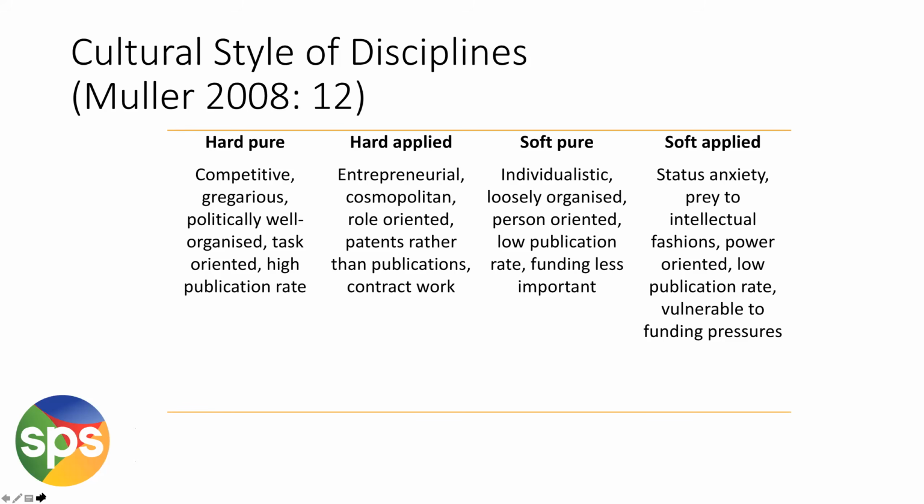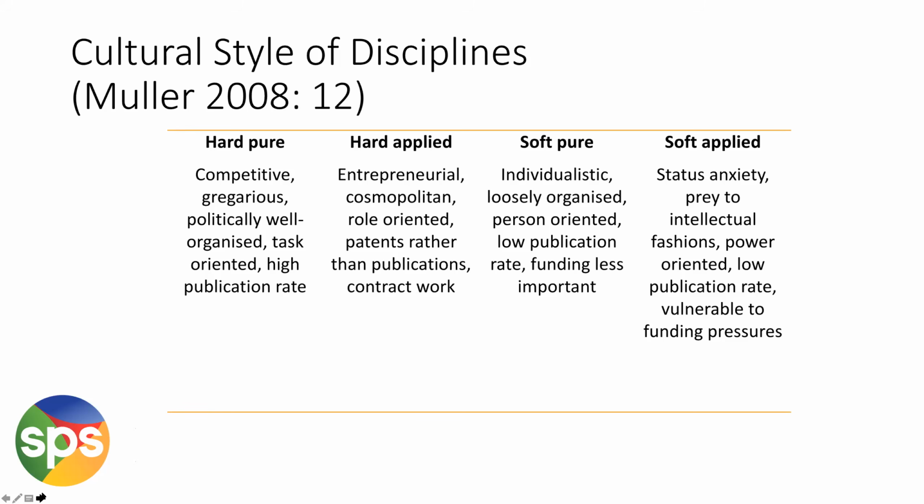If we go to the soft pure, the humanities types of fields, then apparently our culture is more individualistic, very loosely organized, focused much more on people rather than on the science, a lower publication rate, and funding's less important because there isn't the need for very expensive equipment.